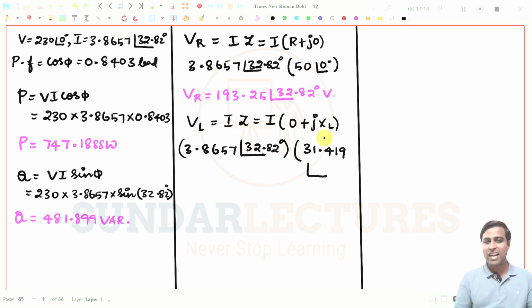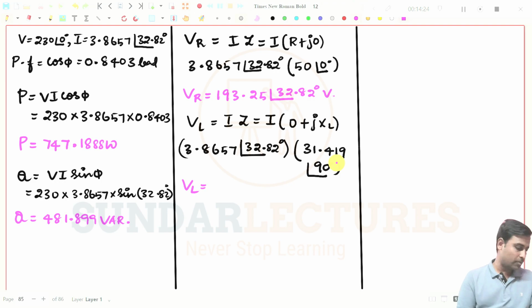This is under j, right? This should be 90 degree. So what is the value of VL now? VL comes out to be 121.44, and if you simplify this one, you will get at an angle of 122.82 degree volt.